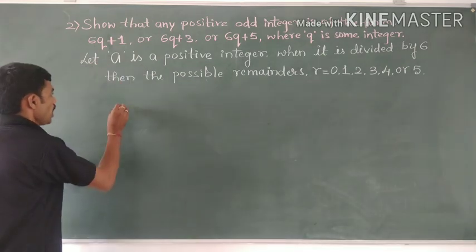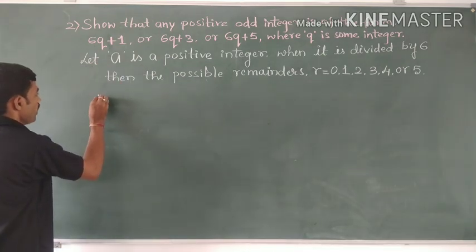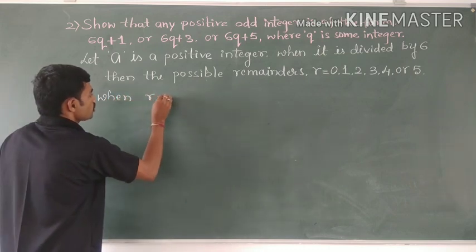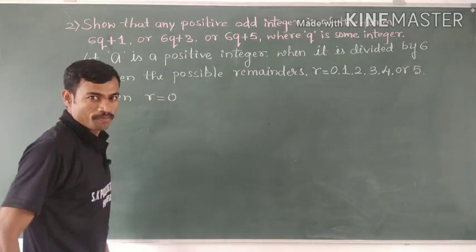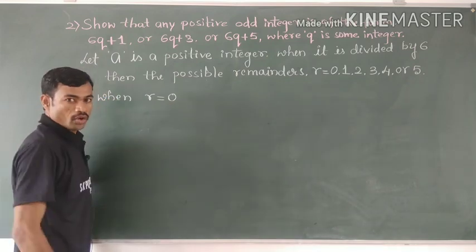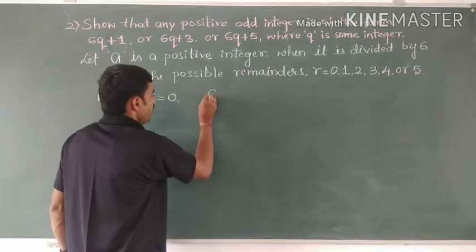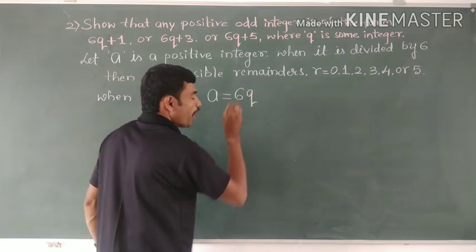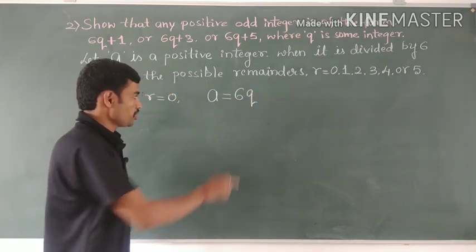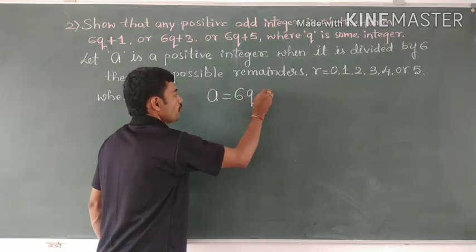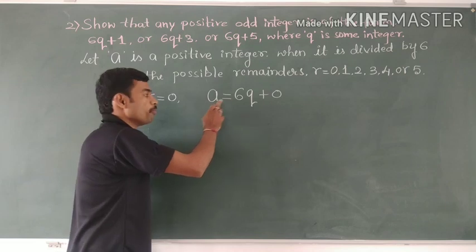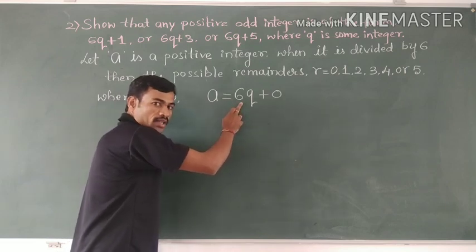Now look here. Suppose r is 0. Then a can be written as 6q, because the remainder is 0, that is, a is completely divisible by 6.